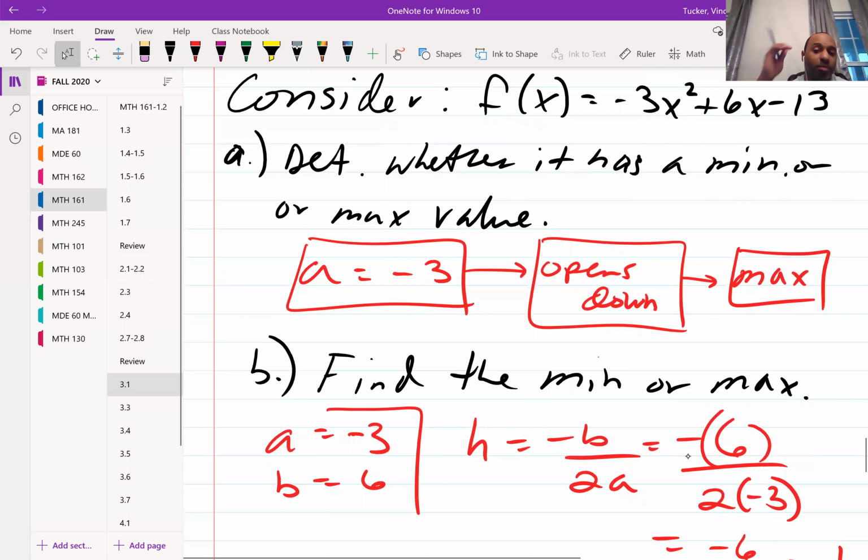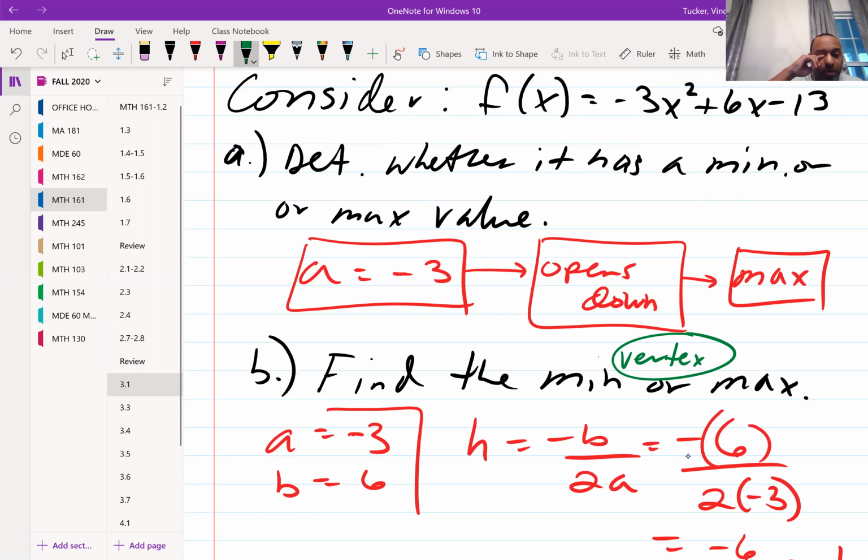Find the minimum or maximum. In other words, find the vertex. That's basically all it's saying. So we use the formula we just finished using, in which h, the x component, is negative b over 2a.